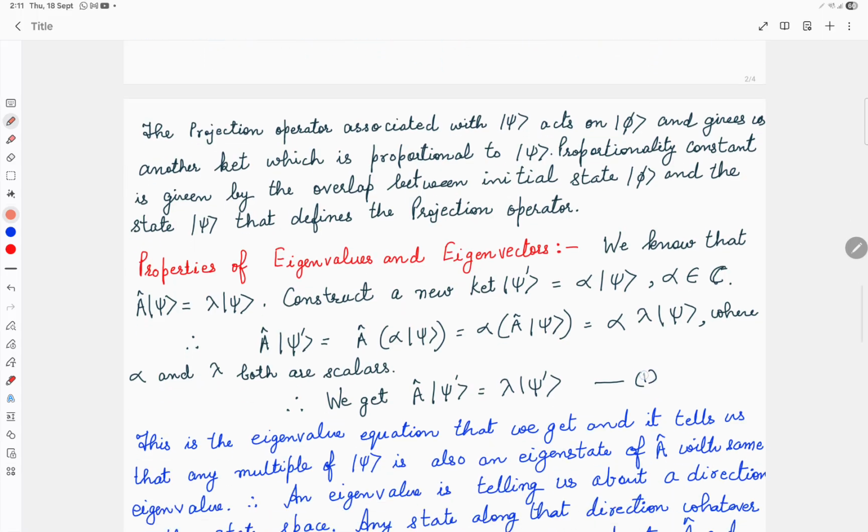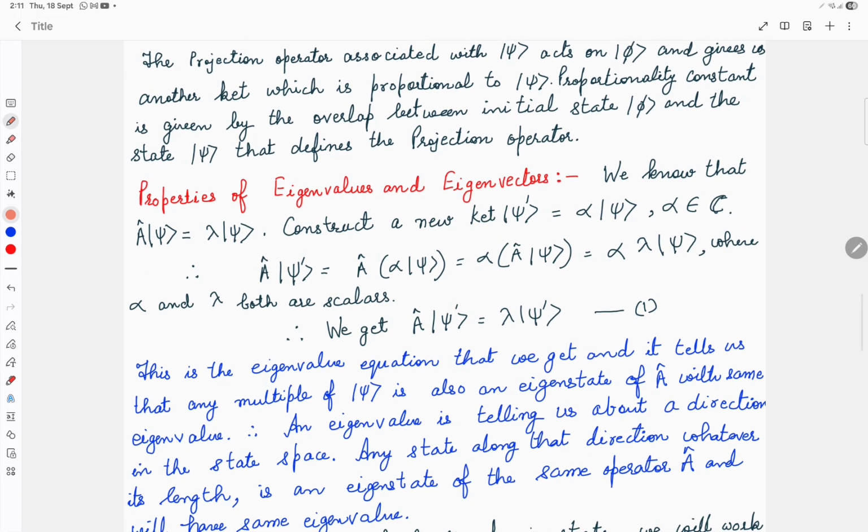Now there are certain properties of the eigenvalues and the eigenvectors that we can describe. We know that this is the action of the operator A onto ket psi. This is the eigenvalue equation basically. If we construct a new ket, alpha ket psi, a scaled version of the initial ket psi, and apply the operator on ket psi dash, we get another eigenvalue equation: operator A acting on ket psi dash is equal to lambda into ket psi dash.